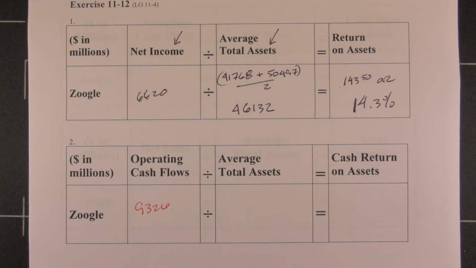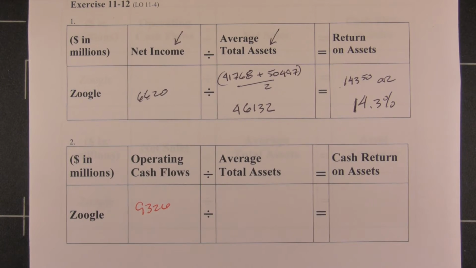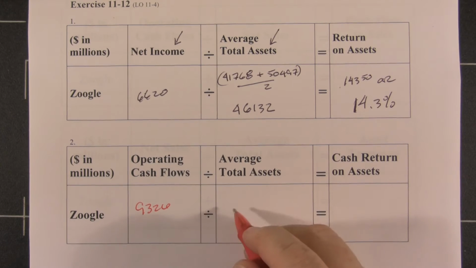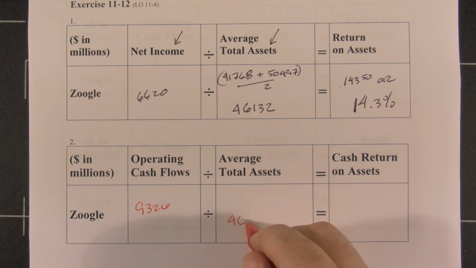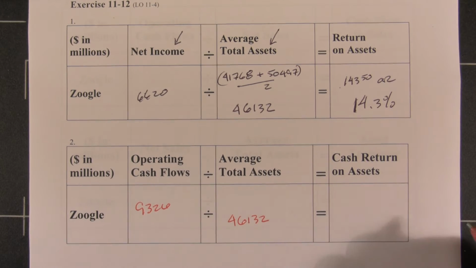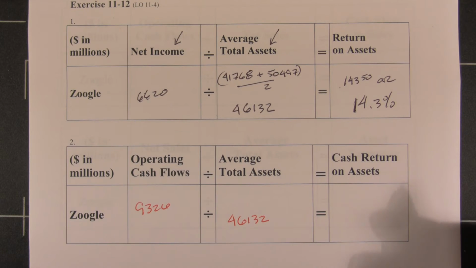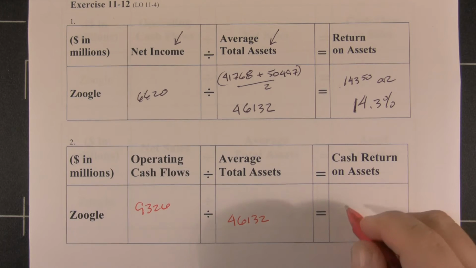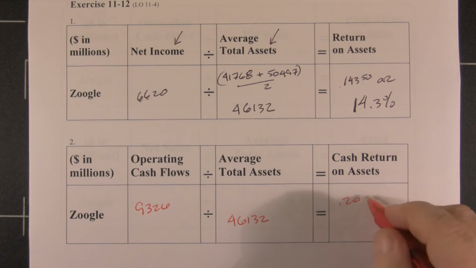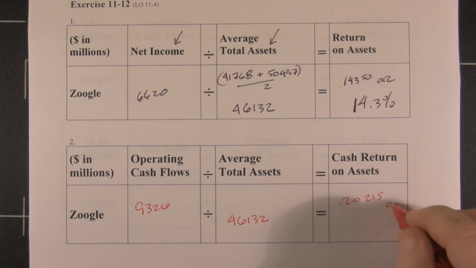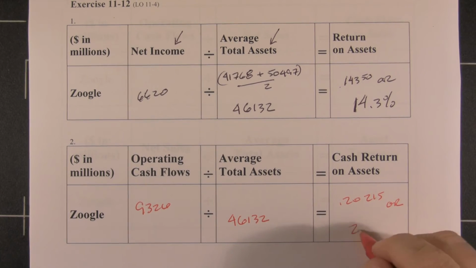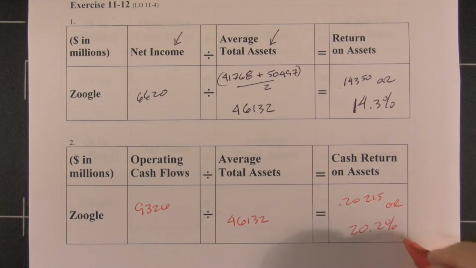They give us that number, but we would have to get that from the statement of cash flows. And we would again divide by the same average assets, 46,132. And that tells us that our average cash return on assets is 0.20215, or 20.2%.